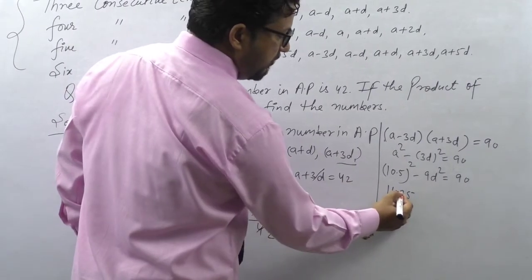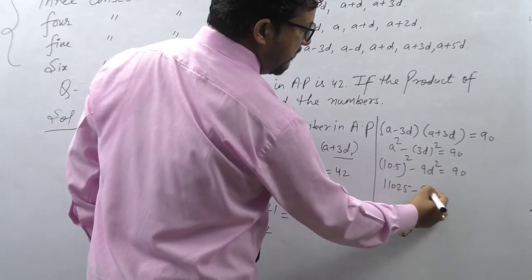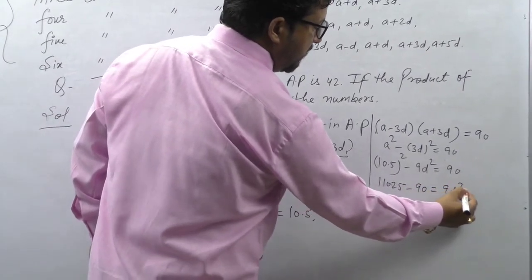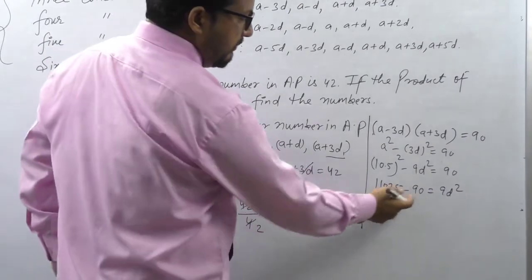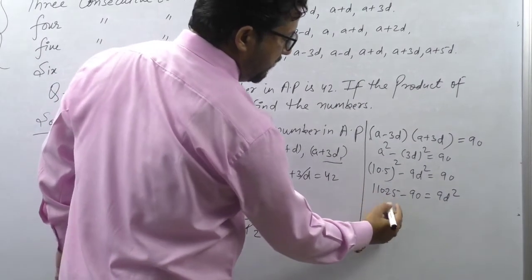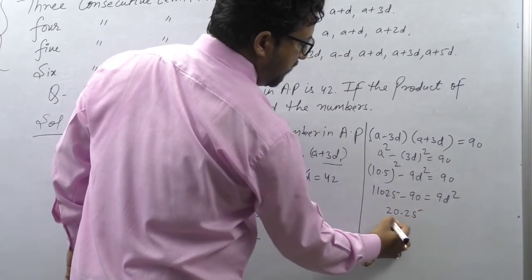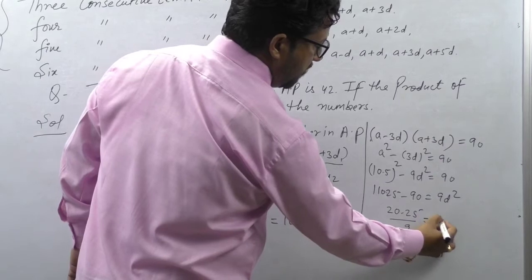If I shift this value, 90 goes to the other side. Subtracting, we get 20.25 over 9 equal to d square.